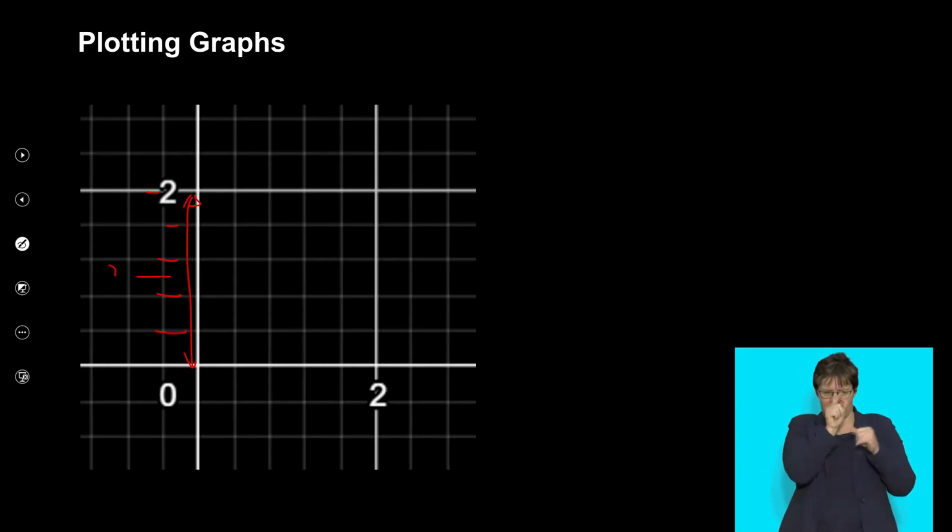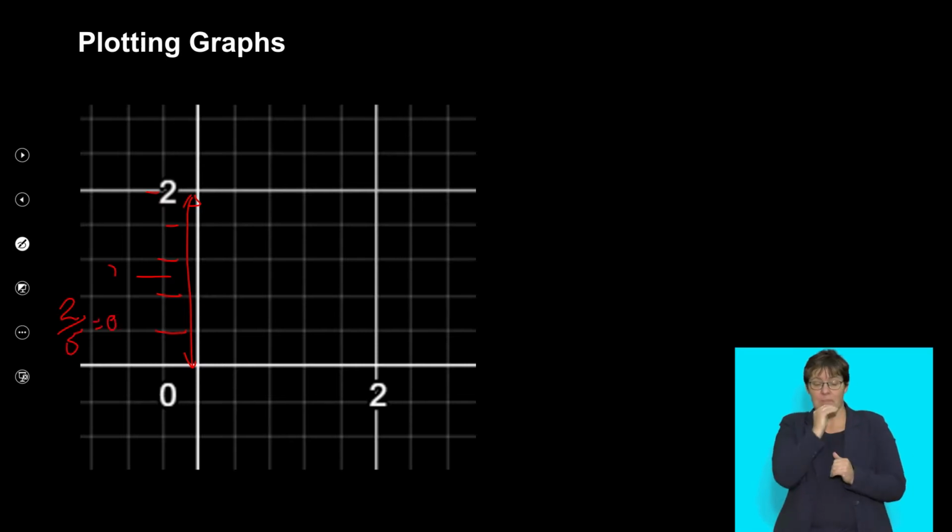So what is each small block going to be? Well, if you work it out, it's 2 divided by 5, which equals 0,4. So each of these small blocks equals 0.4. So it's 0.4, 0.8, 1.2, 1.6, and then 2.